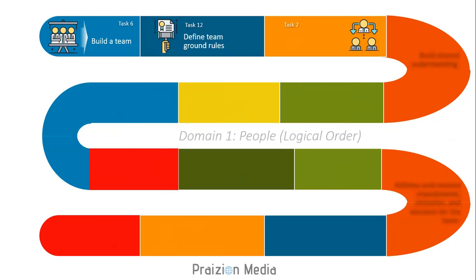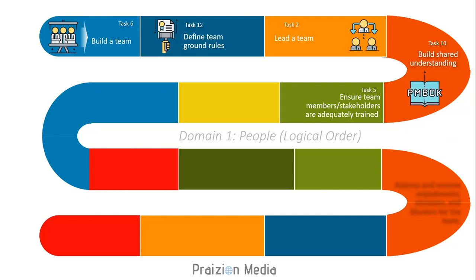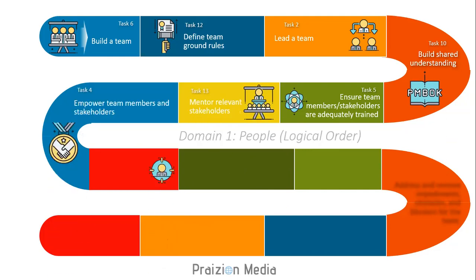Build a team, define team ground rules, then lead a team, build shared understanding of whatever is at play, ensure team members and stakeholders are adequately trained. Task 13, mentor relevant stakeholders, empower team members and stakeholders, and then manage conflict.